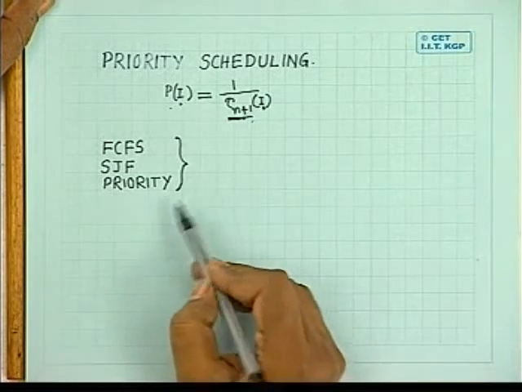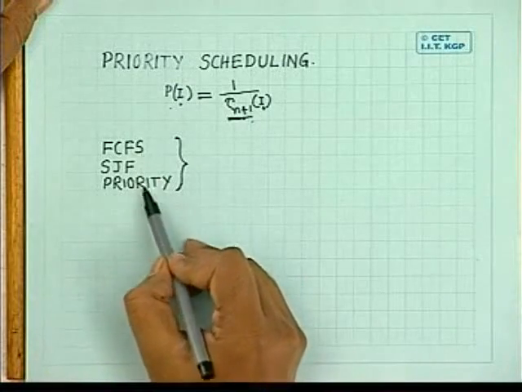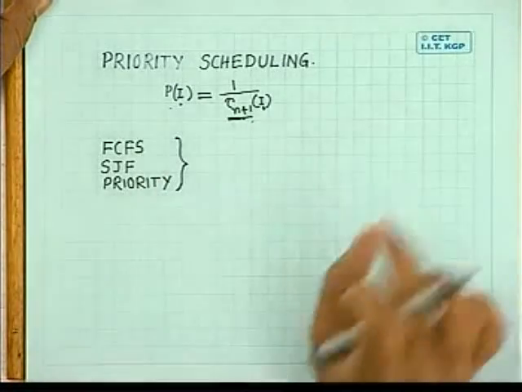So, for these three scheduling techniques, once a job is given to the CPU for execution of a CPU burst, the CPU cannot be taken out of that job until and unless that entire CPU burst is complete. That means the job cannot be preempted. It has to come out of the CPU naturally at the end of the current CPU burst.